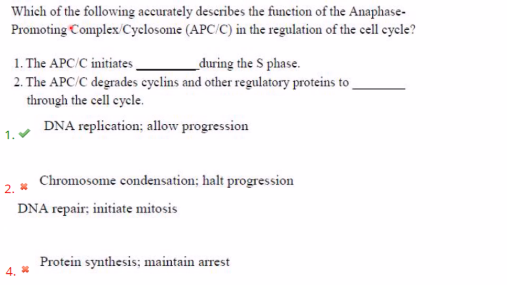Then which of the following accurately describes the function of the anaphase promoting complex/cyclosome, APC/C, in the regulation of the cell cycle? The anaphase promoting complex is an E3 ubiquitin ligase. It will add ubiquitin molecules to the target protein, and by adding ubiquitin, the protein is directed to proteasome degradation.